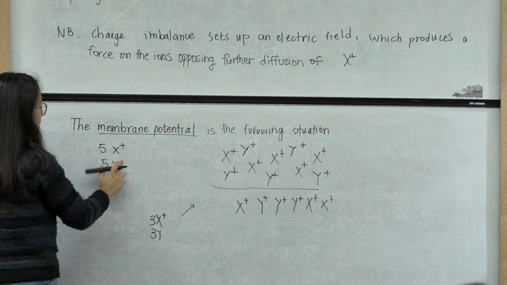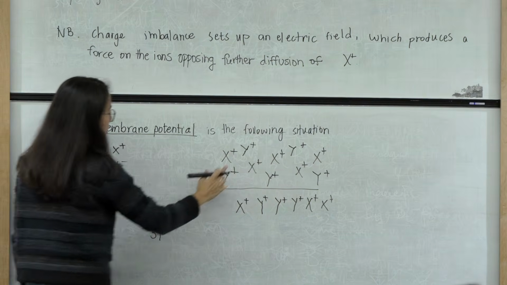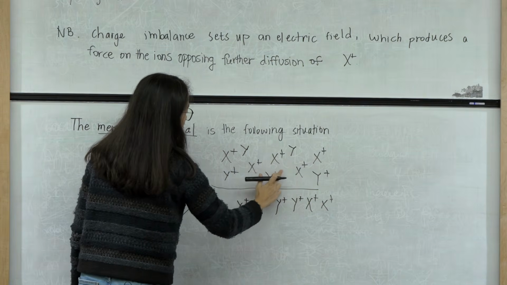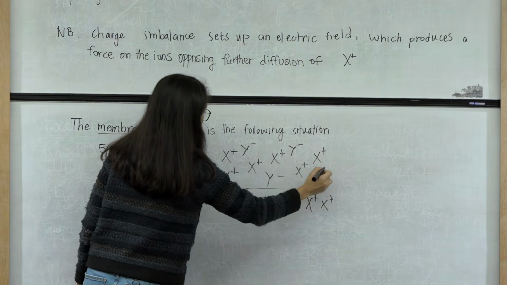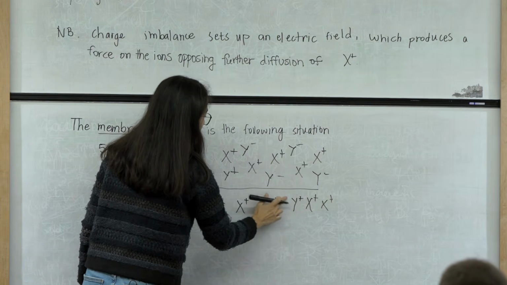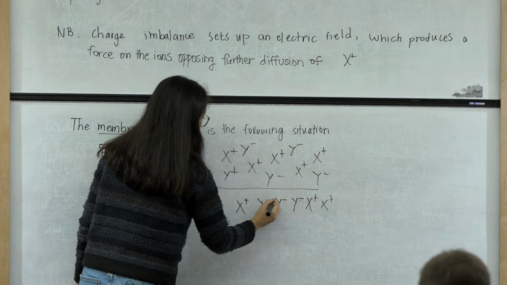Sorry, I will do something annoying. I'll just erase this and do a minus instead. Sorry that you already wrote it in the notebook. Okay, so this is negative charges now.